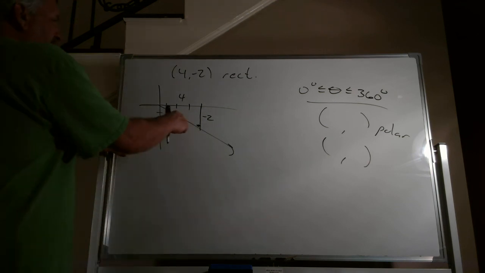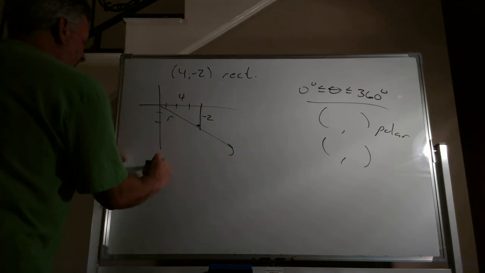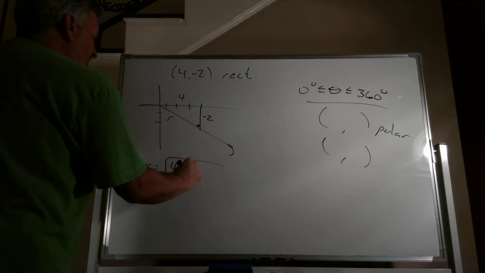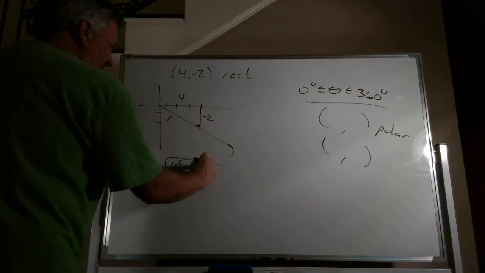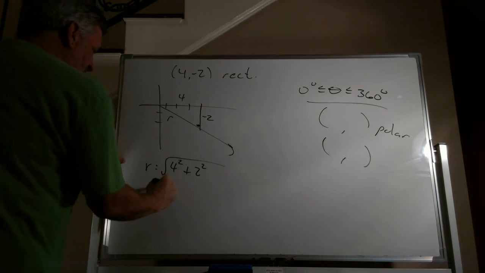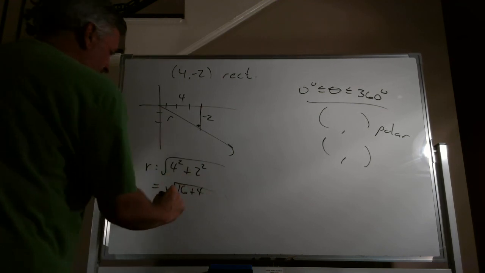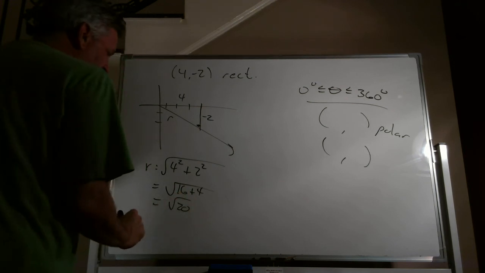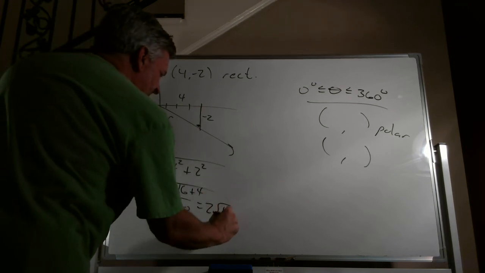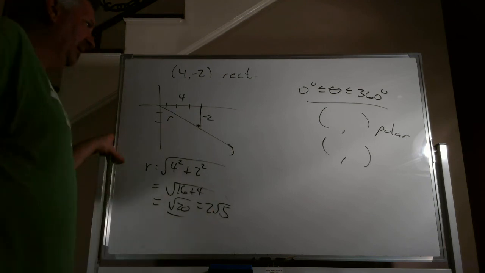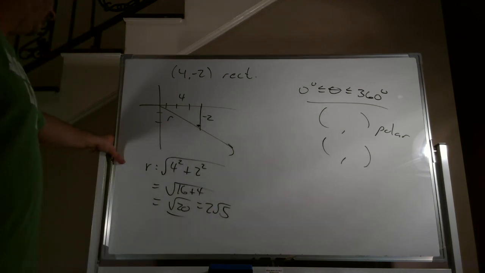Well, we know how to figure out r, right? r is the square root of x squared plus y squared. I'm not going to put the negative though, because the negative square would just go away anyway. So that's square root of 16 plus 4, which is square root of 20. And if you want, that's 2 root 5. I'm perfectly fine with the root 20. Okay, so r is root 20.